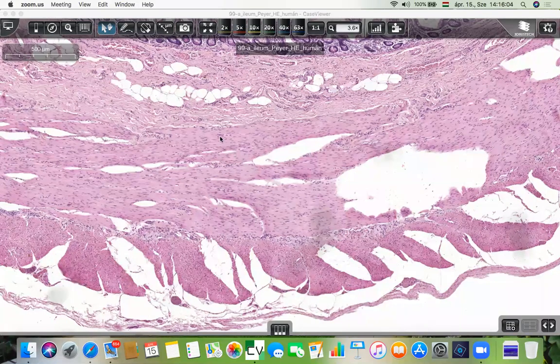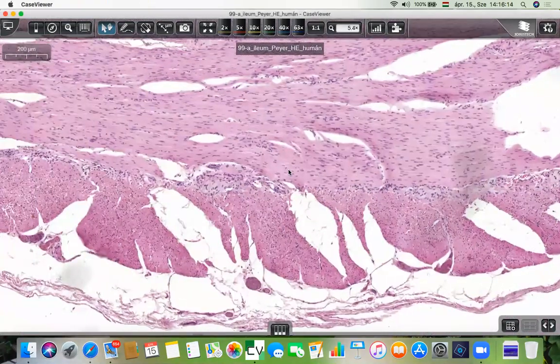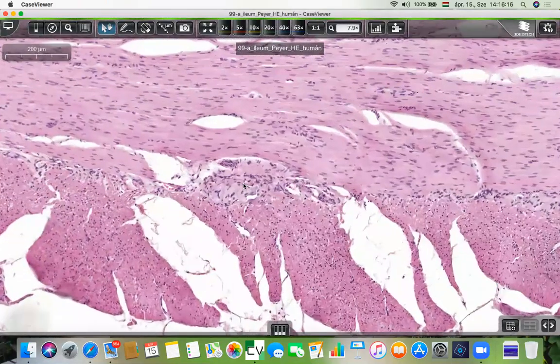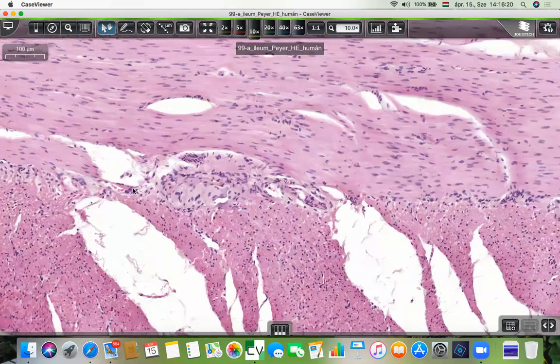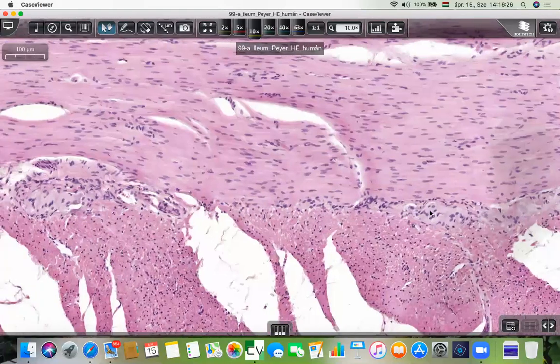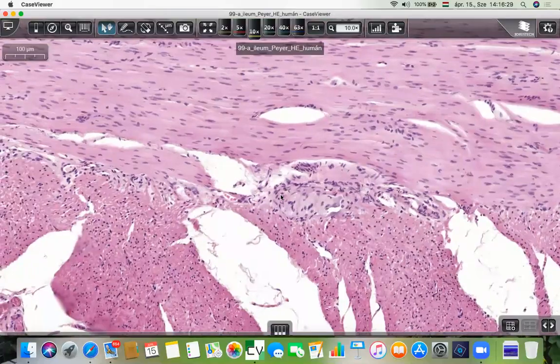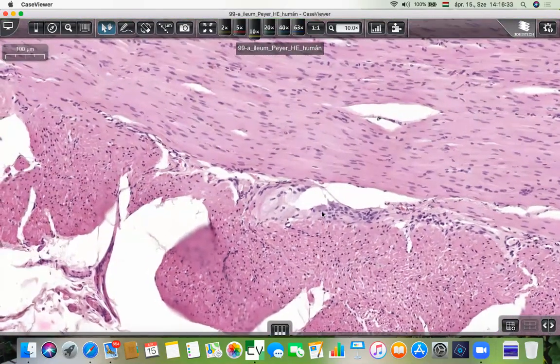That is the inner circular, and that is the outer longitudinal layer. And between the two layers, we can find the myenteric plexus, the Auerbach plexus. So this is it. These are also part of the enteric nervous system, having also ganglionic cells and unmyelinated nerve fibers.